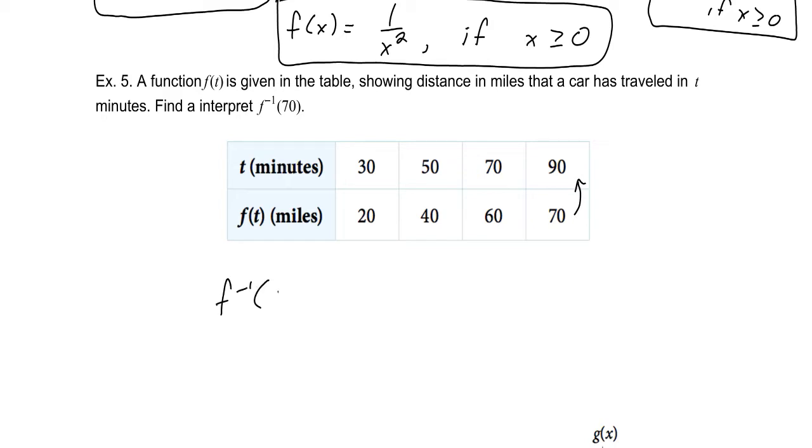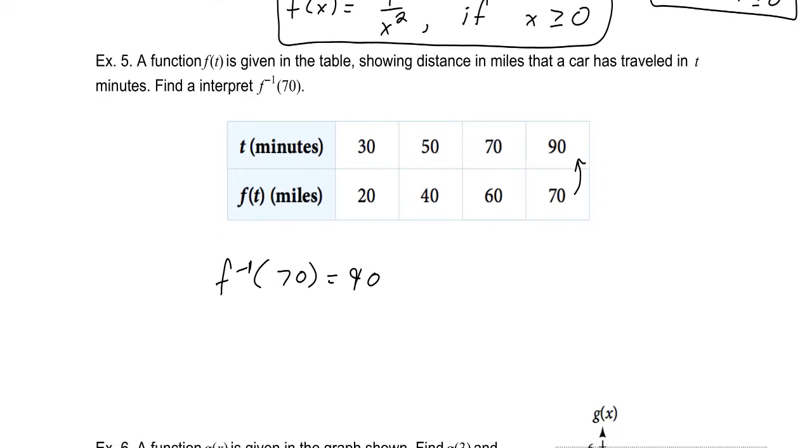So f inverse of 70 equals 90. What that means is that traveling 70 miles takes 90 minutes.